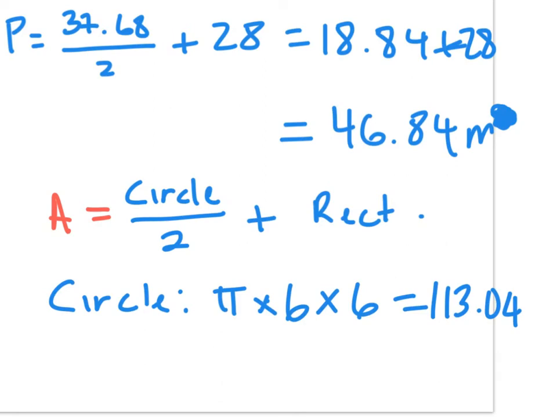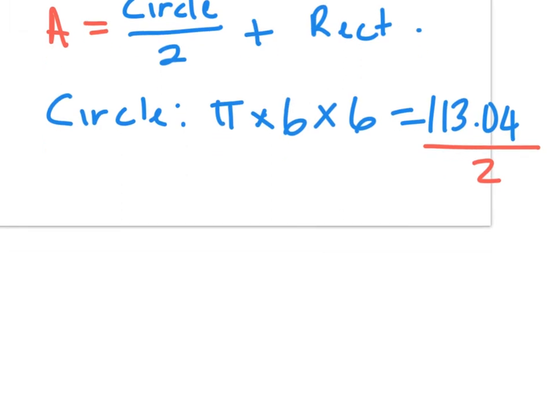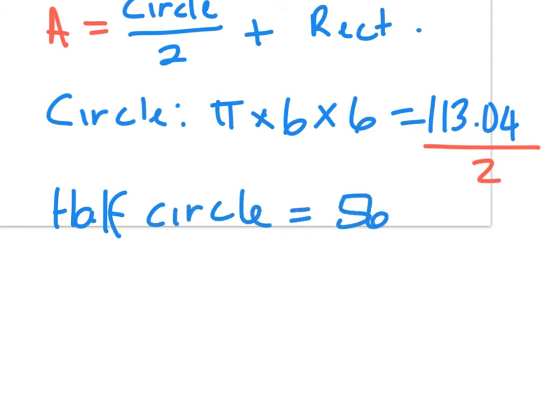That will be the full circle, but we're going to divide that by 2. That's going to give us 56.52. So the half circle is 56.52 meters squared.